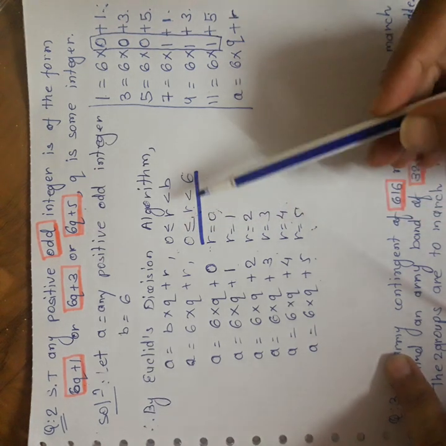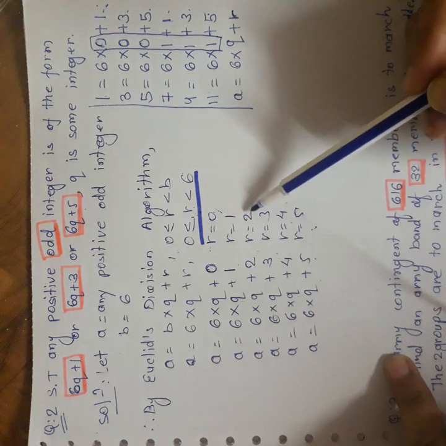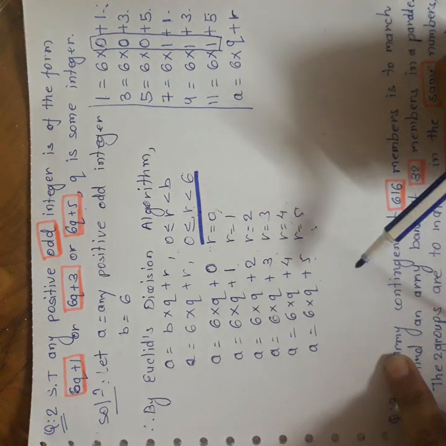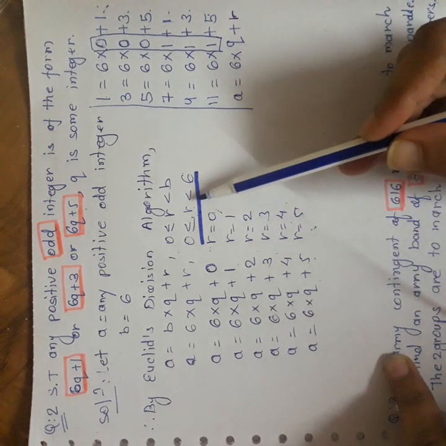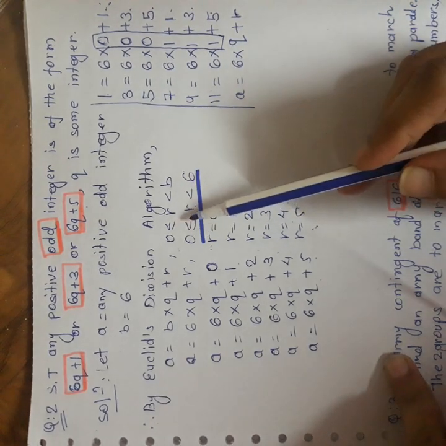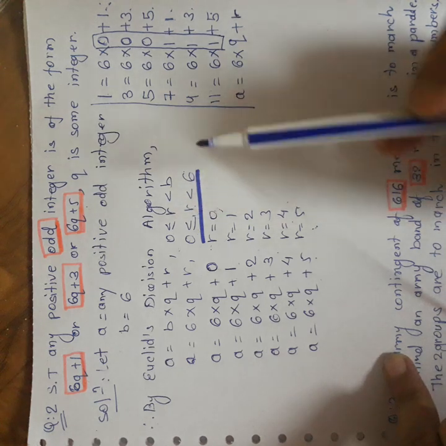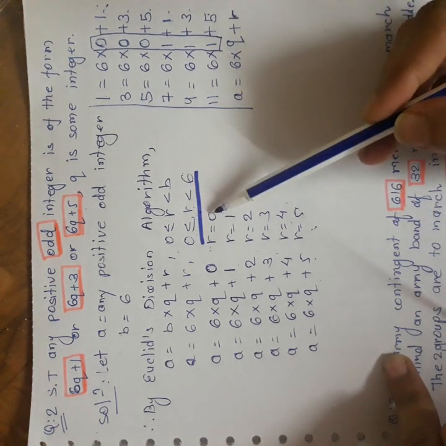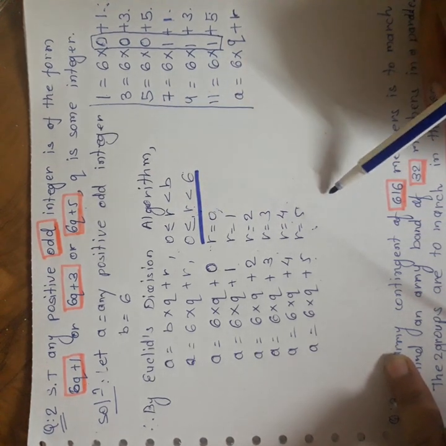That means it takes the values 0, 1, 2, 3, 4 and 5. Because the condition is that r is less than 6, but it could be greater than 0 or equal to 0. Therefore, I take the values of r like this.